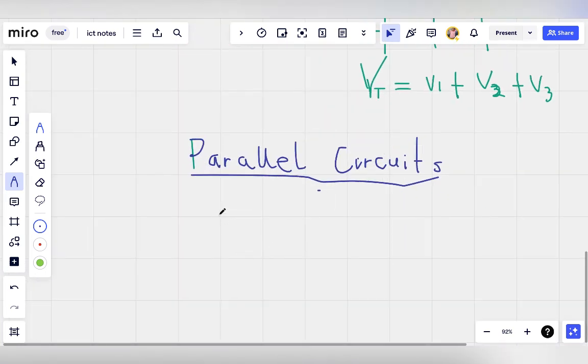Okay, I have the battery, just a model of a battery. And then we have our resistor R1, or you can use a bulb, but in this case we refer to resistors. We're studying resistors. R1, R2, let's extend it.